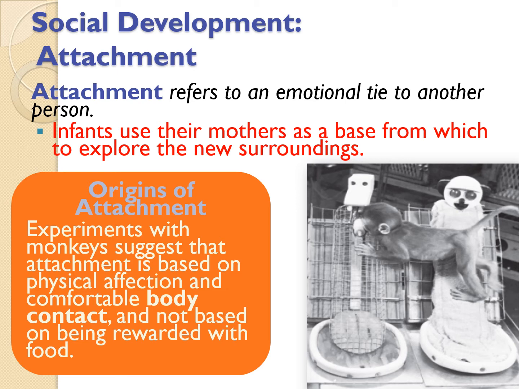The wire mother always fed the animal, so they'd go to get food, but their attachment, their love, where they got their snuggles and whatnot always came from the soft one. Now, this comes from an understanding that with children now, if you have a baby, they're going to tell you to do skin-to-skin contact as much as possible. The more skin-to-skin contact, the more emotional connection and bonding will take place, whether it's mother or father. So skin-to-skin contact.